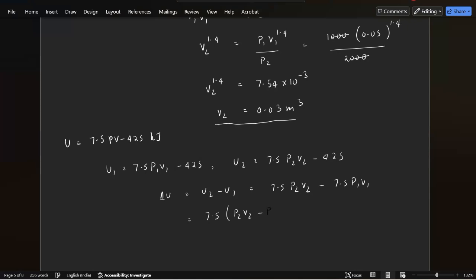7.5 times (P2 V2 minus P1 V1). So let's just substitute the values and find out. So here P is in 1000 kilopascals and V is in meter cubes. Let's maintain that. 2000 times 0.03 minus 1000 times 0.05, correct. It's 7.5 times. How much is this coming to?